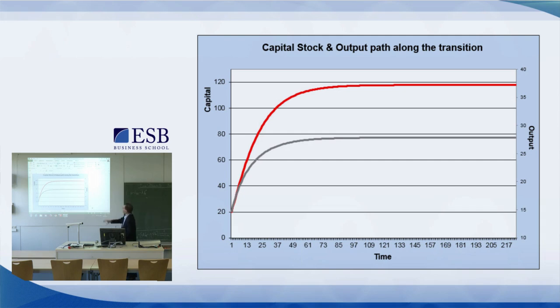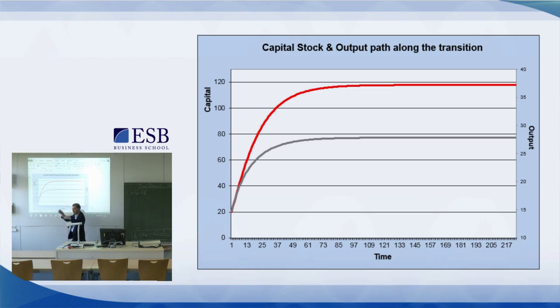In this graph, you see the adjustment, the red curve of the capital stock over time, and the gray curve is illustrating output over time. Output is on the right-hand side, and on the left-hand side is the capital stock. And on the bottom, you see the time steps. We start in period 0, then we compute the capital stock in period 1, period 2, and so on until period 2020.